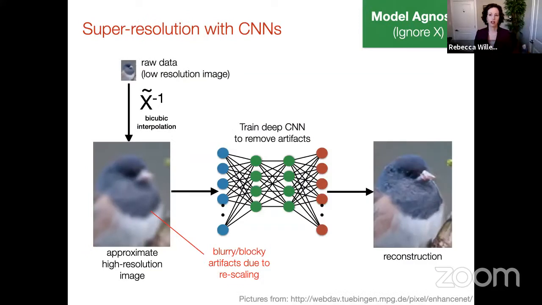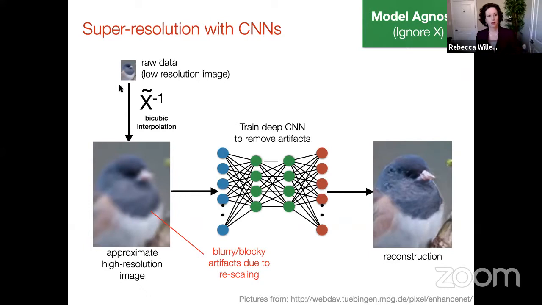So first, let's consider this model agnostic framework. I think this is especially effective in applications like super resolution, where we often have a very coarse idea of what this forward model X is, even if we don't have a precise model.